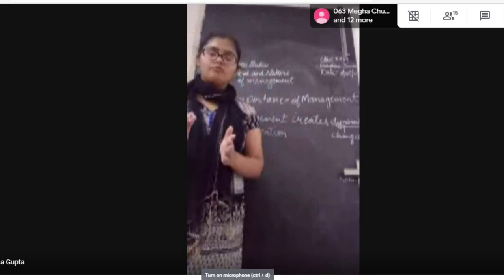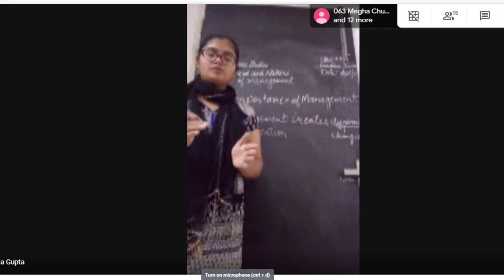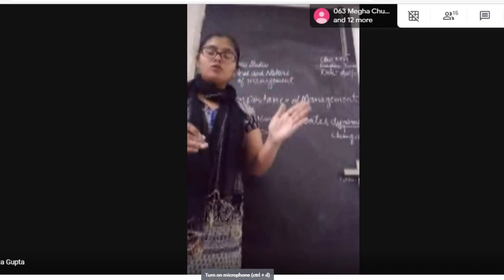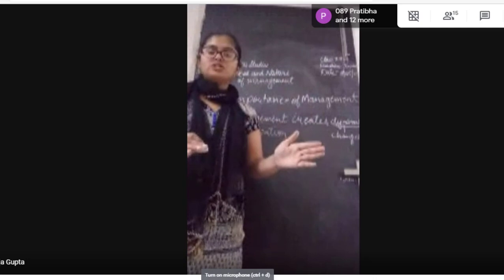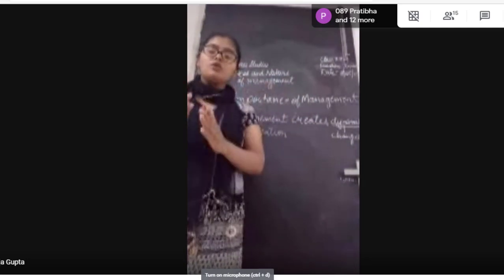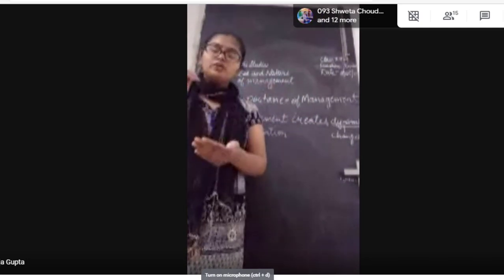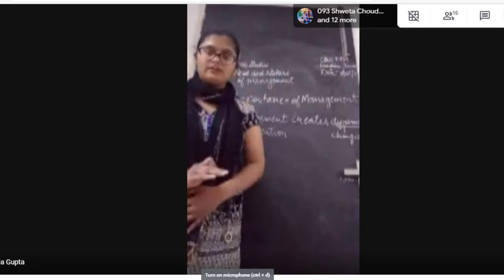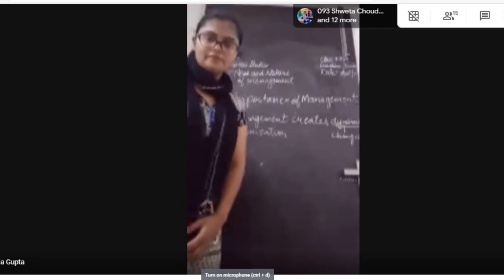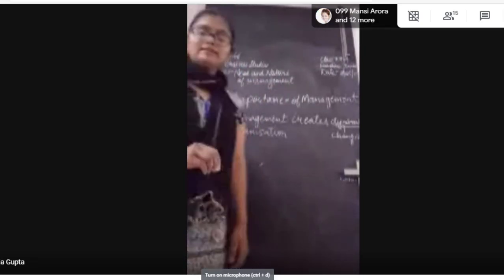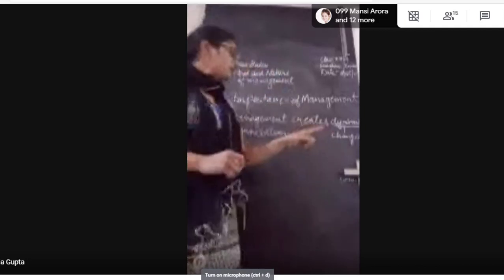The first firm, which has innovation, and the second firm is just going with the static things it has. So tell me. First firm. Yes, very rightly said, Megha. So this point states that management creates dynamic organization.